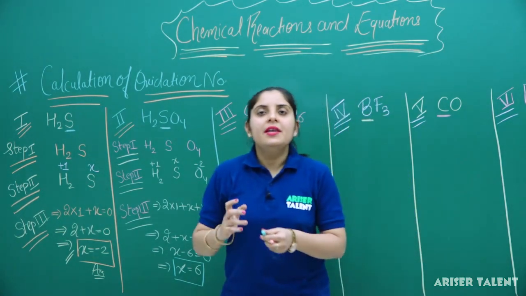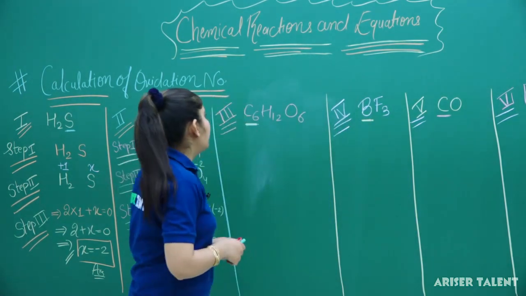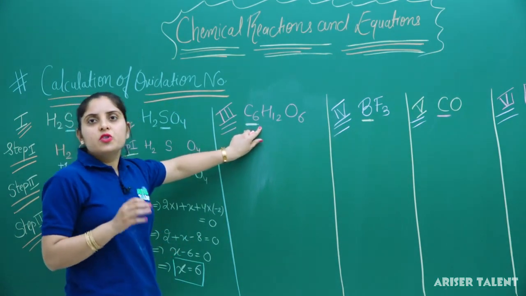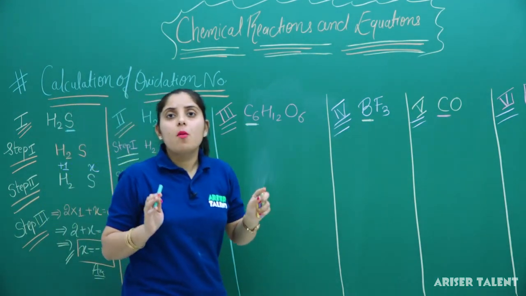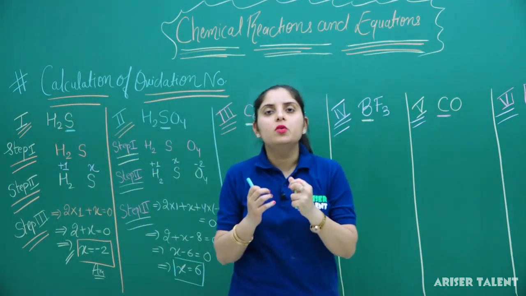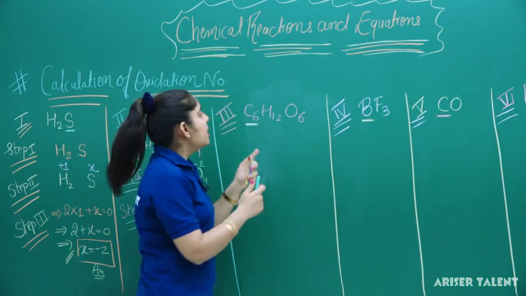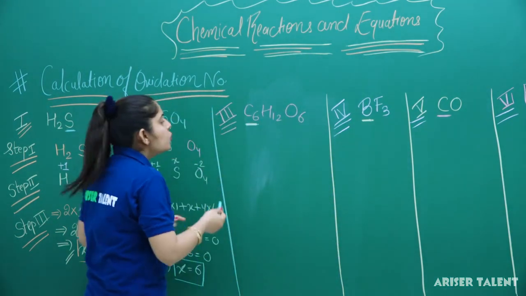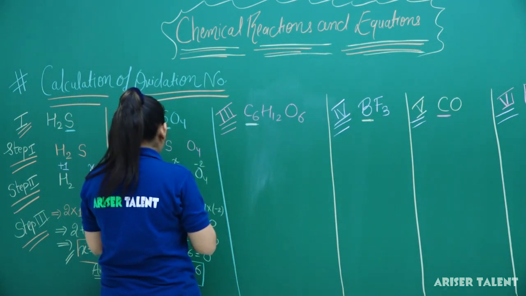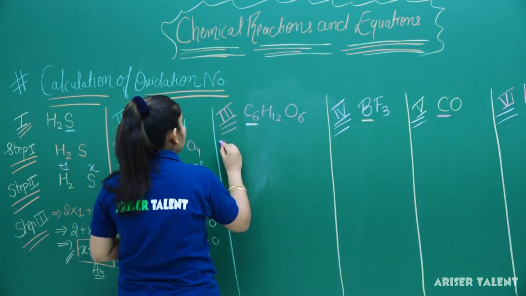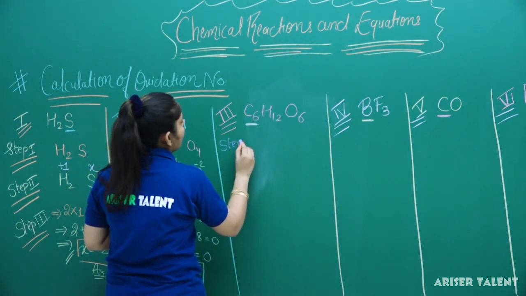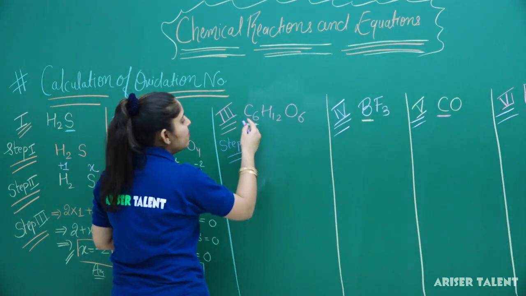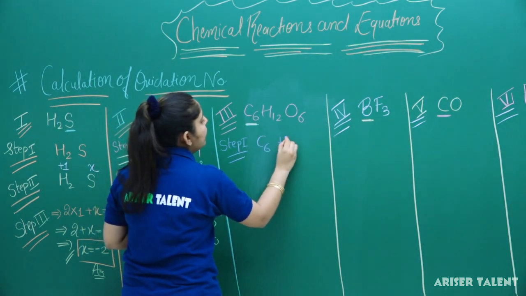Okay students, now we are proceeding to our third element. This is C6H12O6. This is the basic formula for glucose, and I have to calculate the oxidation state of carbon in case of glucose. So I will follow the similar steps. Again, our step number 1 is writing the individual elements.